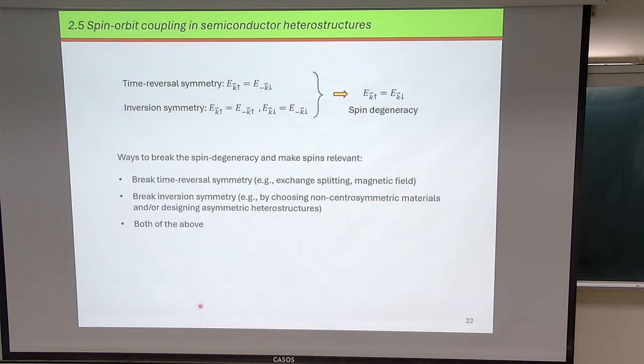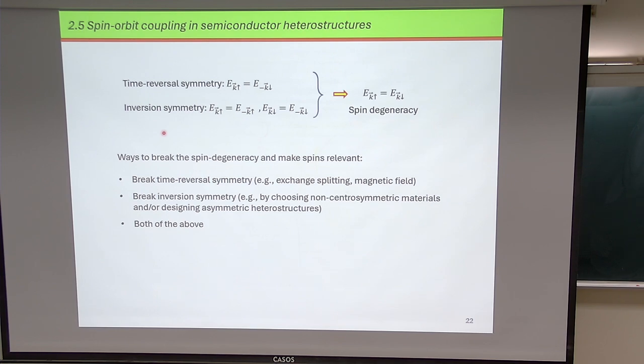And here is a little analysis of how to break this spin degeneracy. Let's say that you have time reversal symmetry in your system. So you have a state; time reversal will change k to minus k and will flip the spin. If you have this symmetry, then the energy should not change under this transformation. So the energy at k for spin up should be the same as the energy at minus k for spin down. Now you have inversion symmetry.